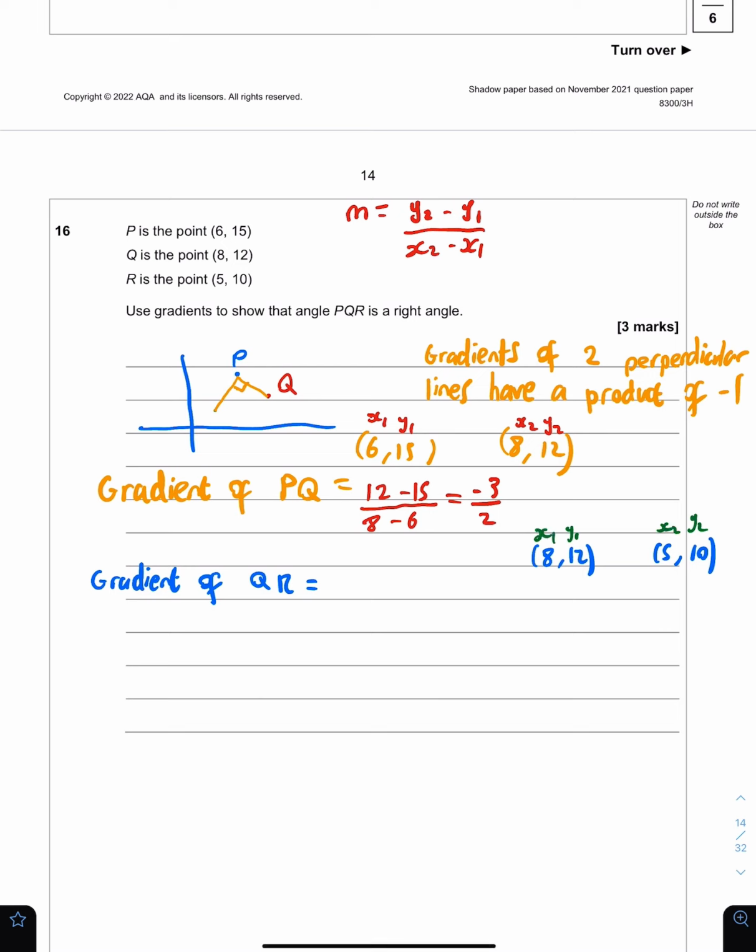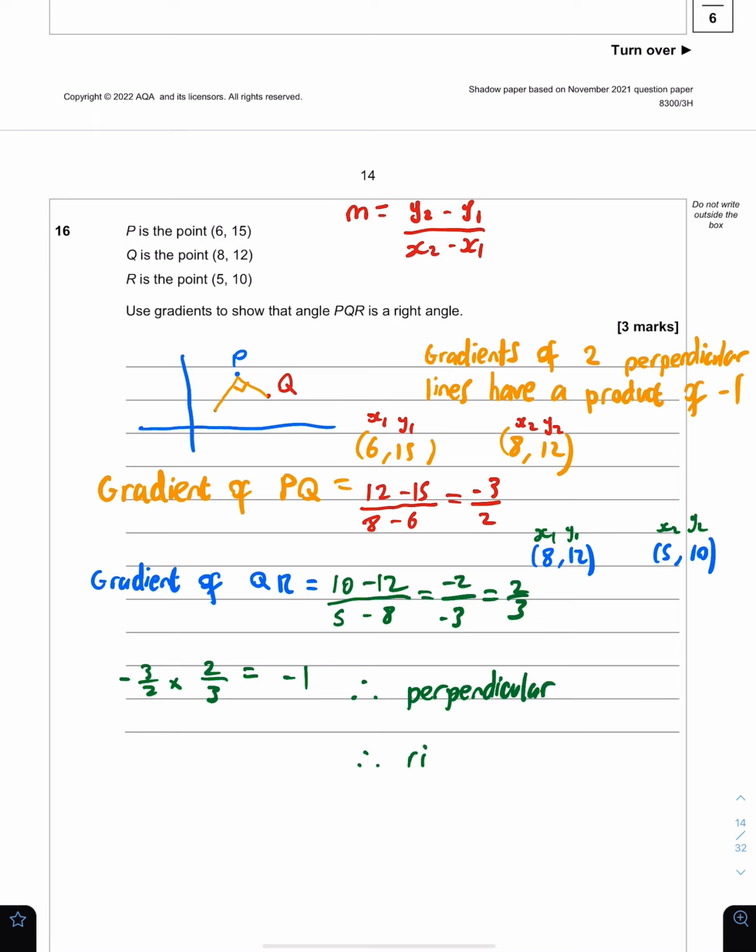So I have y2 minus y1, so that's 10 minus 12, all over x2 minus x1, so 5 minus 8, which equals minus 2 over minus 3, which is just 2/3. Look at that, it's the negative reciprocal. So we have minus 3 over 2 times by 2/3. You can even use a calculator for this. Don't worry, I will not judge. That equals -1. Therefore, perpendicular. Therefore, right angle. And that is what we need.